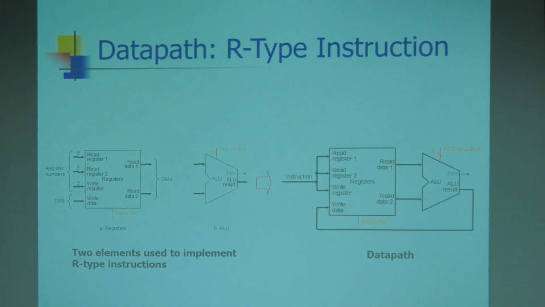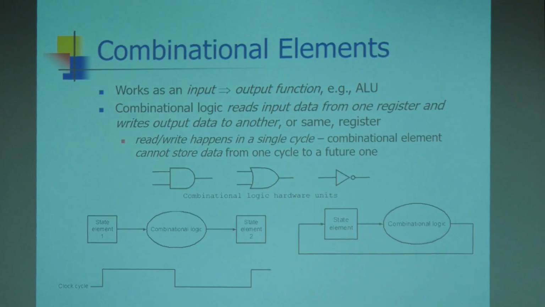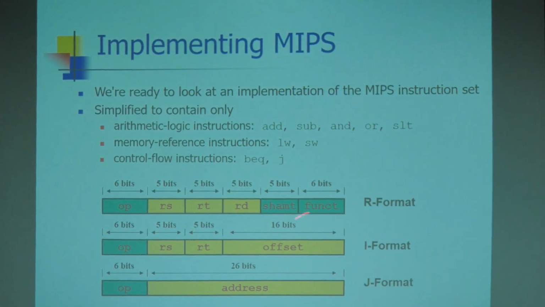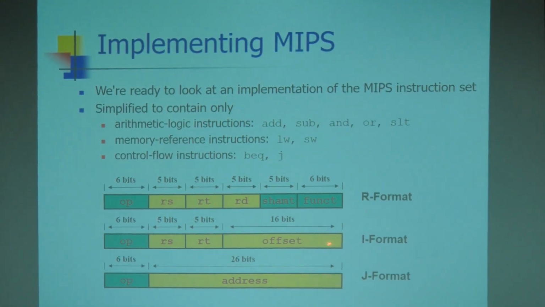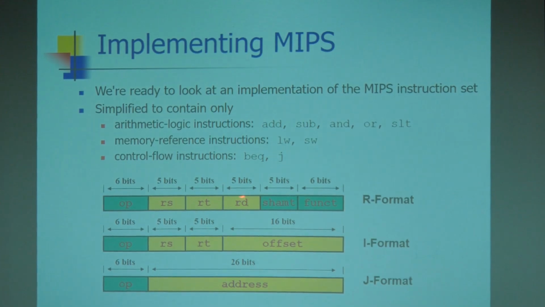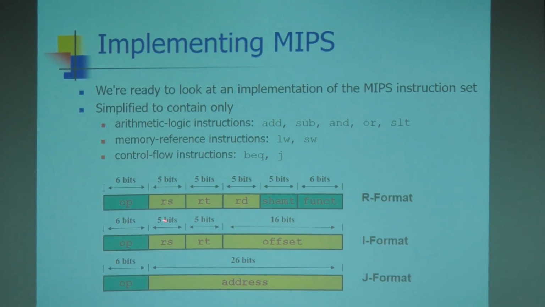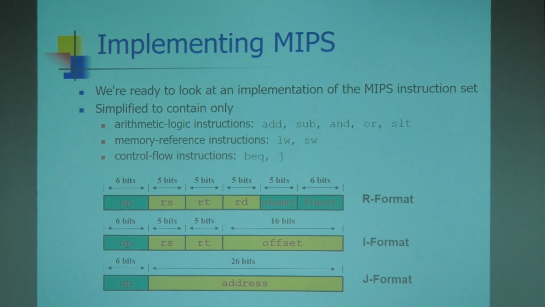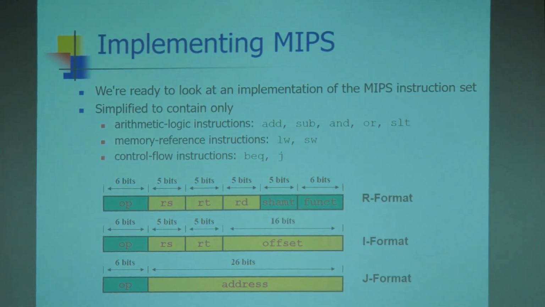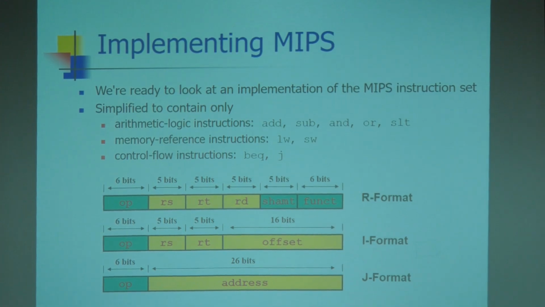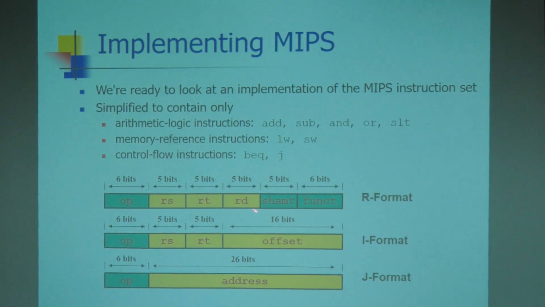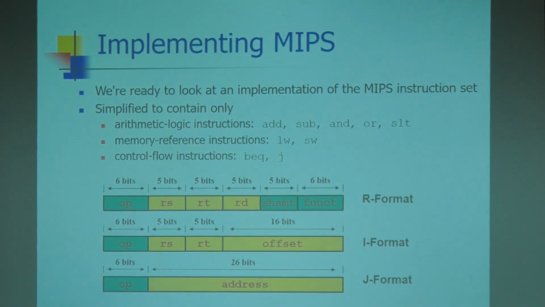I will show the instruction template once again. Here you see this is the R format instruction template. In this, these 5 bits, RS, will indicate one of the registers, read register 1, and the next 5 bits will indicate read register 2, and these 5 bits will indicate the write register address.